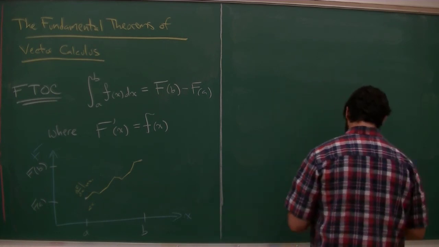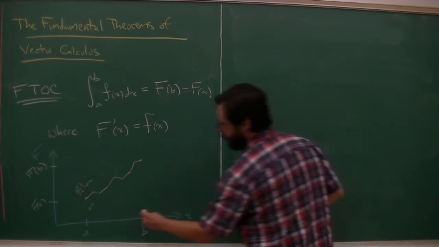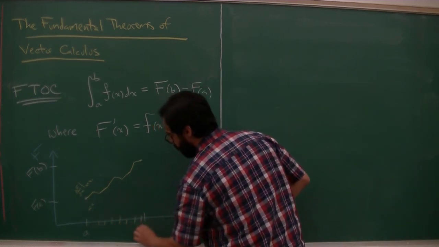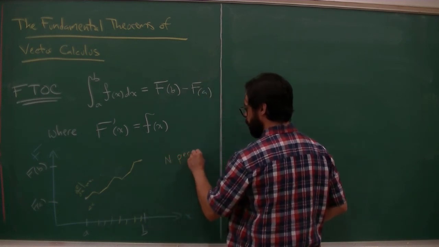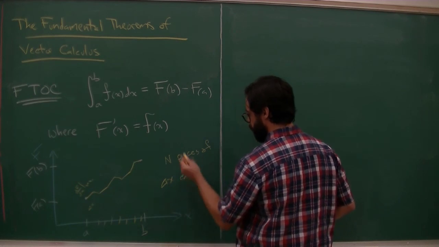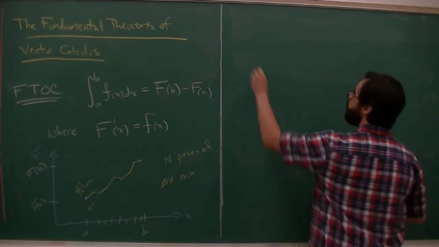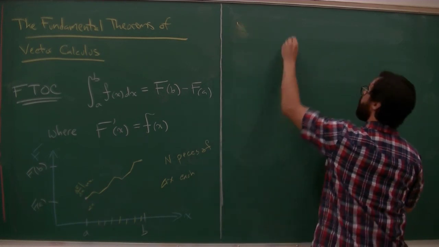So writing that out, you get essentially a Riemann sum. Let's say that we break this up into n pieces of delta x each to get from A to B. We'll leave off the limit for now.